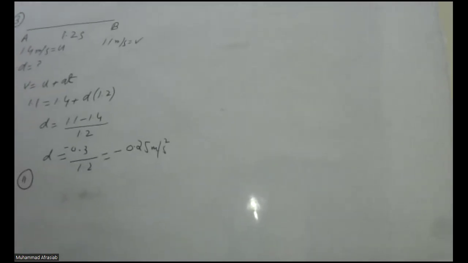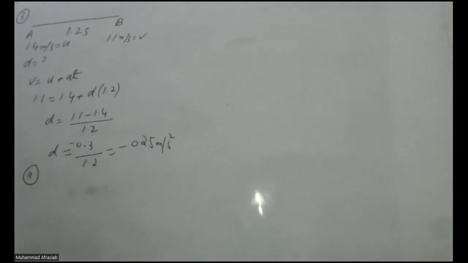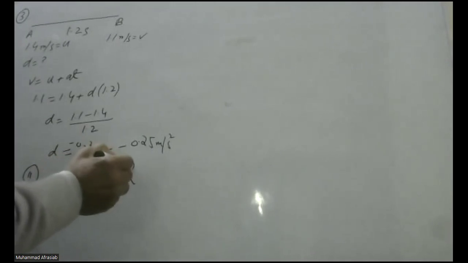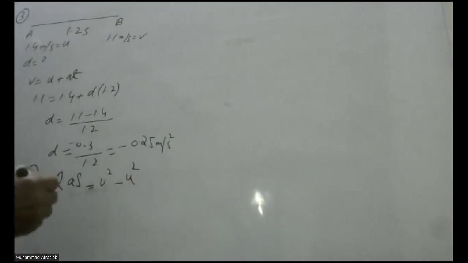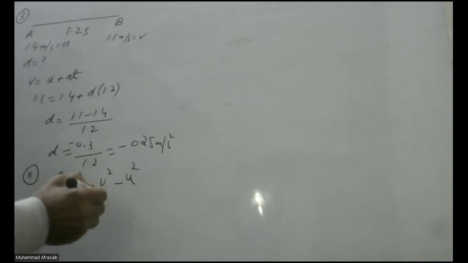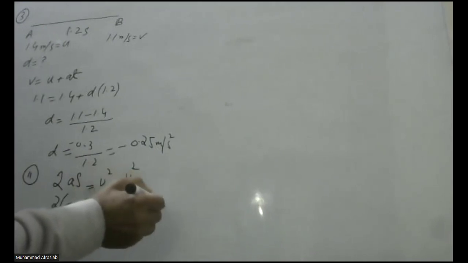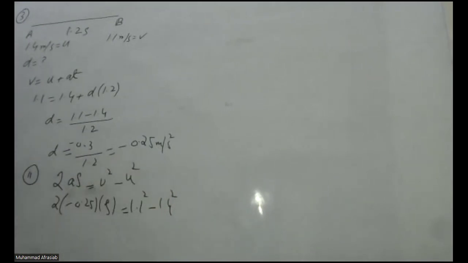For the second part of this question, we are going to calculate the distance. We can use this equation of motion, 2as is equal to v squared minus u squared, where a is negative 0.25 and the distance is s, equal to 1.1 squared minus 1.4 squared.